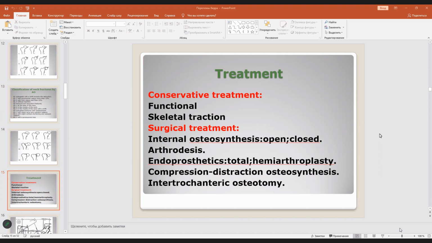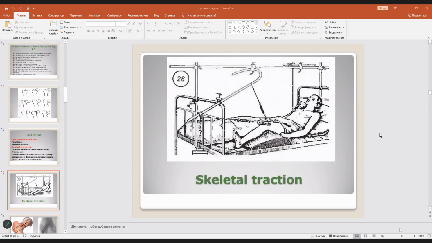Surgical treatment: internal osteosynthesis, open or closed, arthrodesis, total prosthetics, hemiarthroplasty, compression distraction osteosynthesis, intertrochanteric osteotomy. For example, the picture shows skeleton traction.